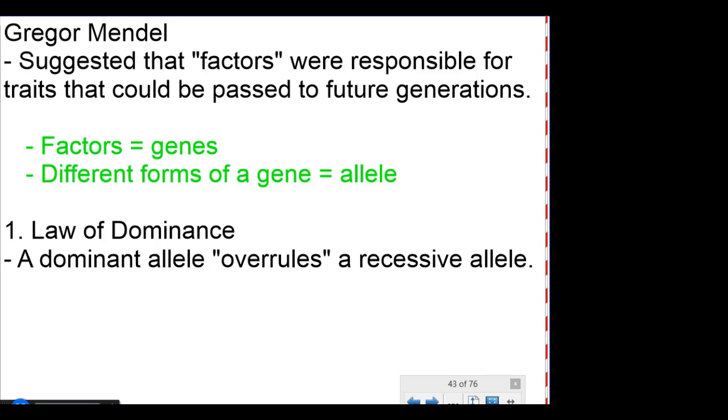So if one parent is a carrier and another parent is a carrier, but they're both brown-eyed parents, if they both pass on the blue-eyed allele to the child, it is possible for that child to have blue eyes.